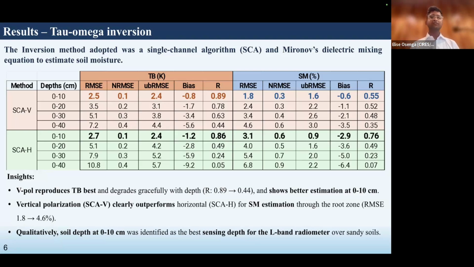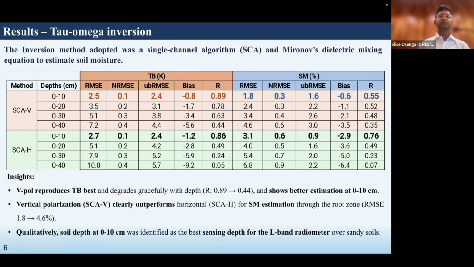As we go below that depth, the results gradually decrease, not substantially. And clearly we can see that V polarization produces the best TB and shows better estimation at 0 to 10 centimeter.